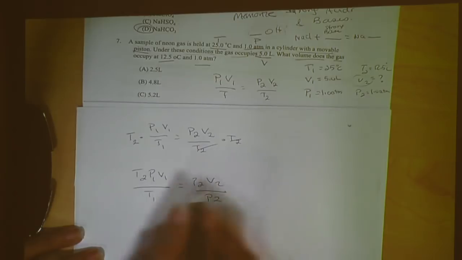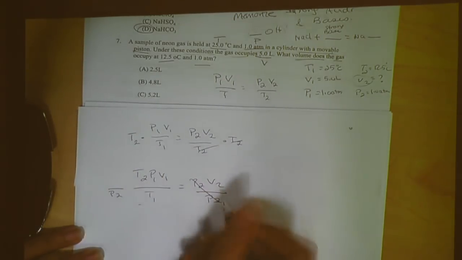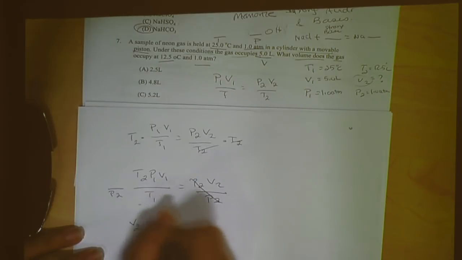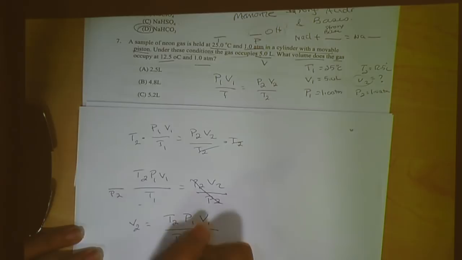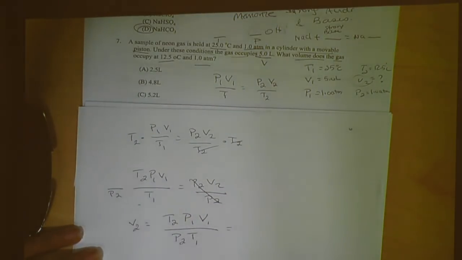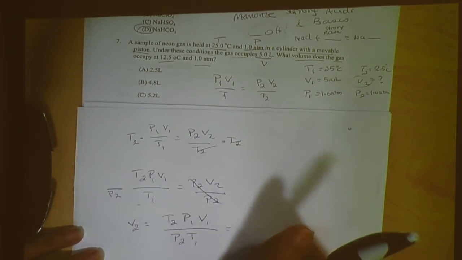You want to get rid of P2, so you divide. This cancels out, so V2 is equal to T2 P1 V1 over P2 T1. Now all you can do is plug in these numbers, and you will solve for V2.